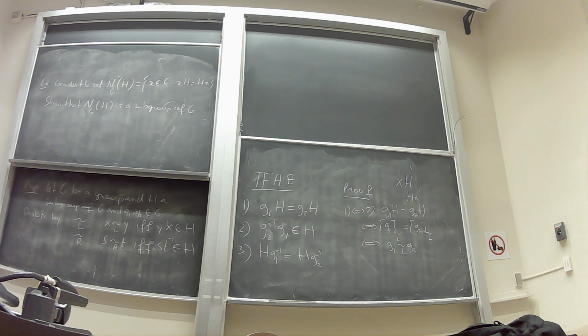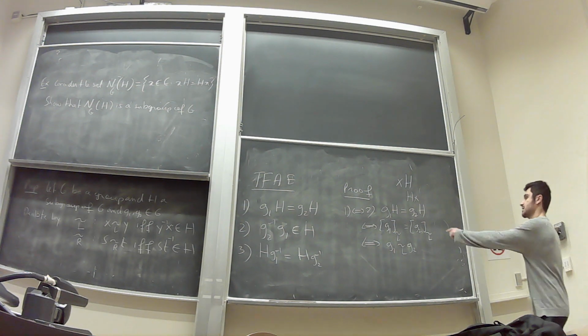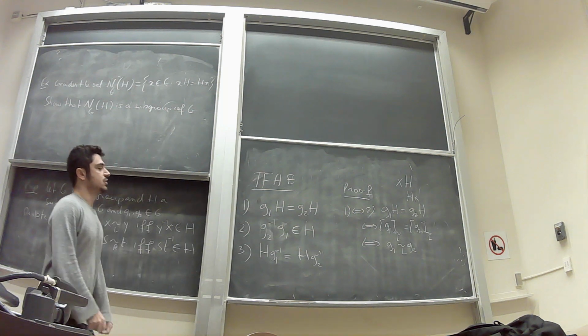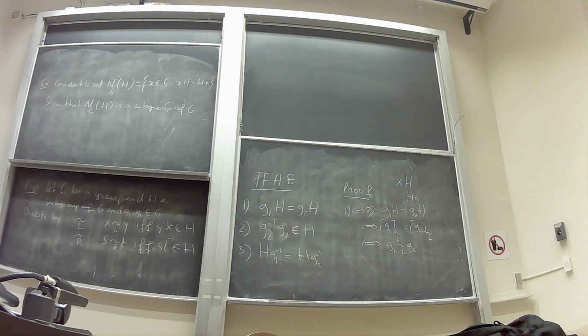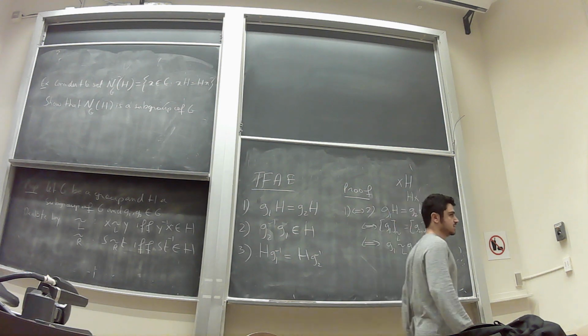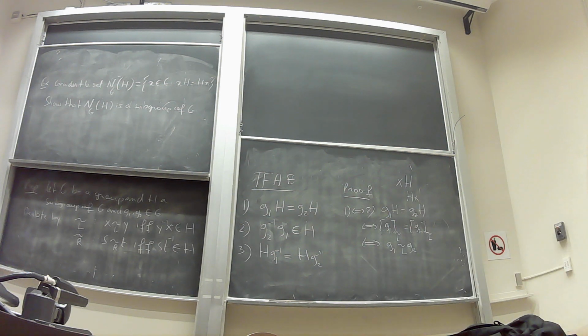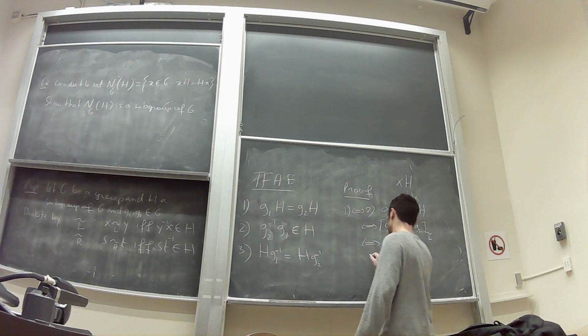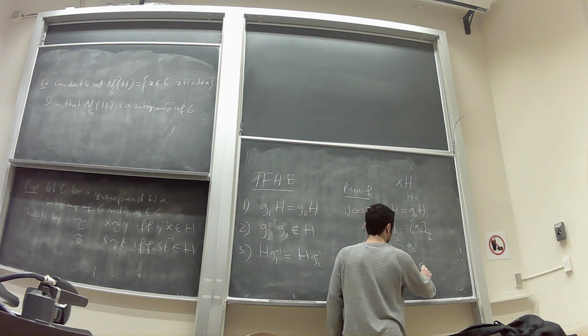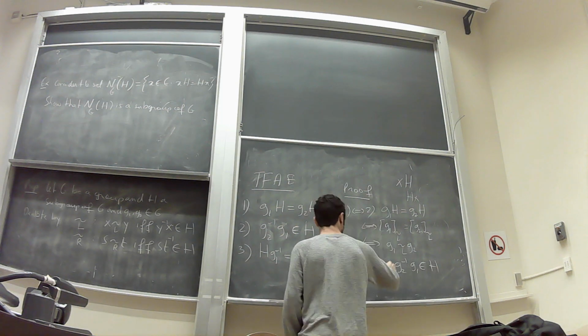Well, the coset is an equivalence class. So G1H is the equivalence class of G1, G2H is the equivalence class of G2. So saying that the equivalence class of G1 is equal to the equivalence class of G2 is equivalent to saying that G1 is related to G2. Now what is it? It's equivalent to saying that G2 inverse G1 belongs to H.